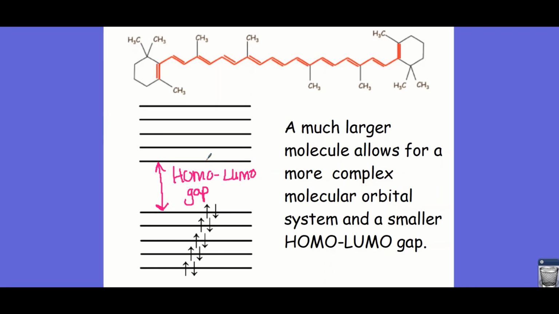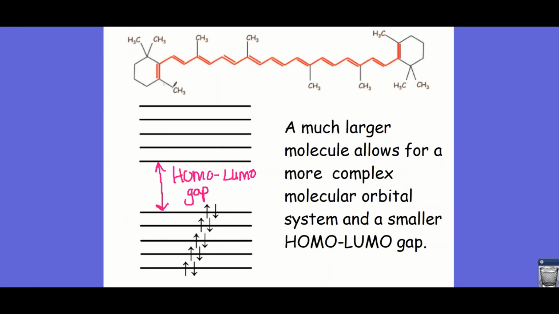So our lowest unoccupied molecular orbital would sit a bit higher up. So that homo-lumo gap would be much bigger and would require something with a much higher energy that would sit outside the visible region of the spectrum in order to promote an electron.